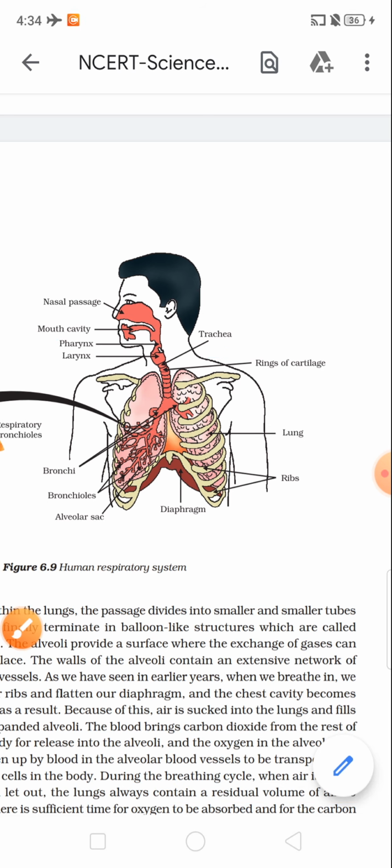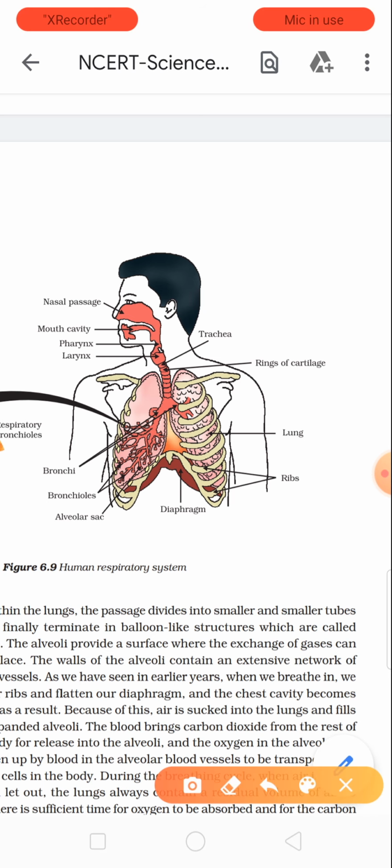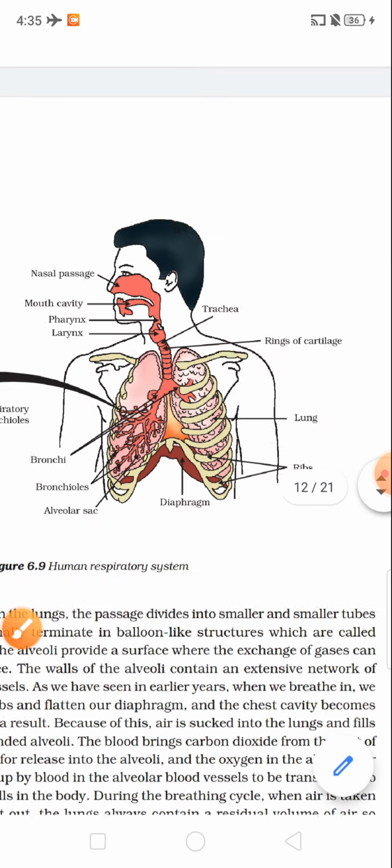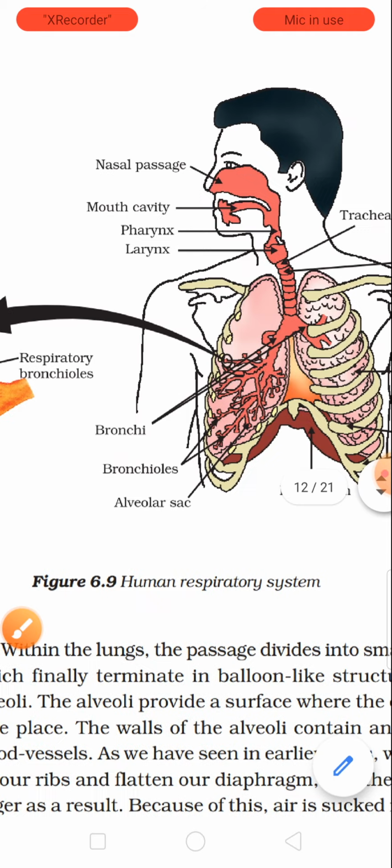The ribs are your skeletal part, and they protect your left lung and right lung. So we have two lungs, and your trachea will move into two parts.